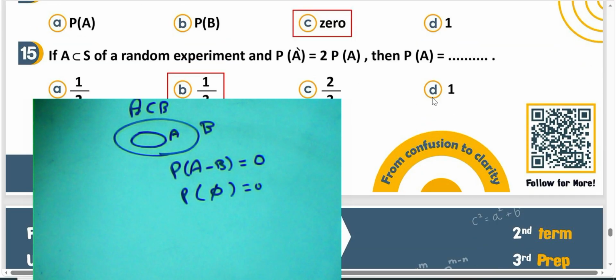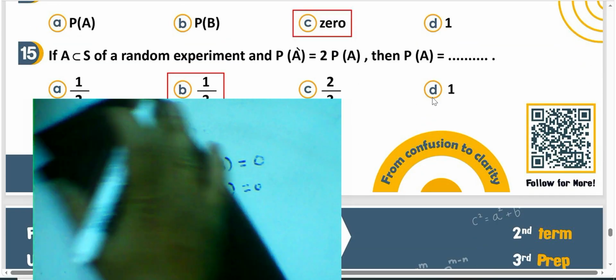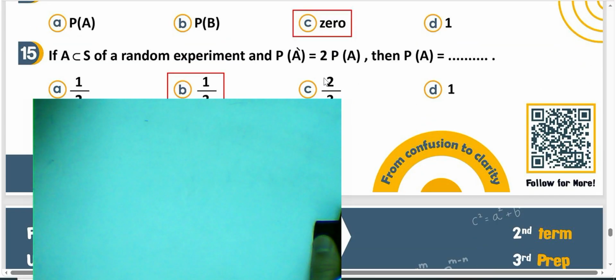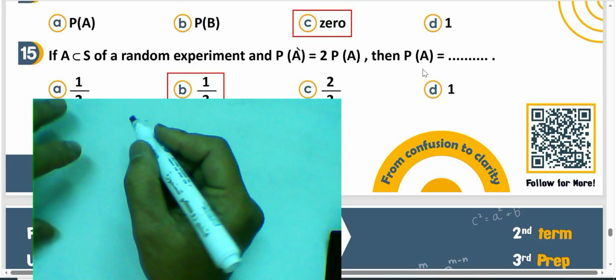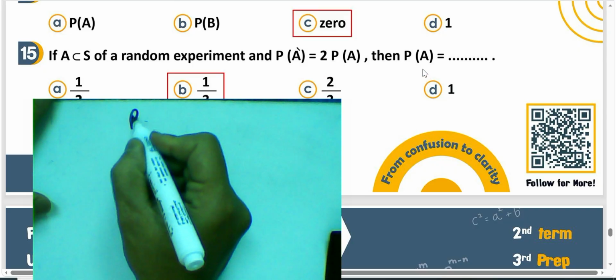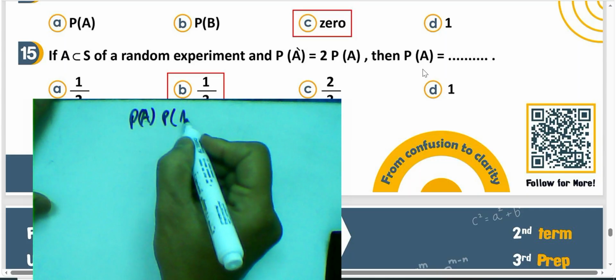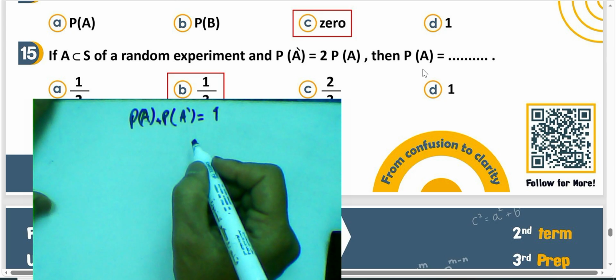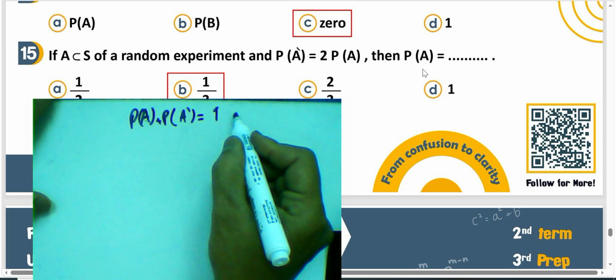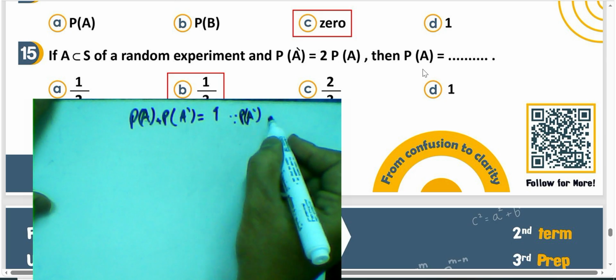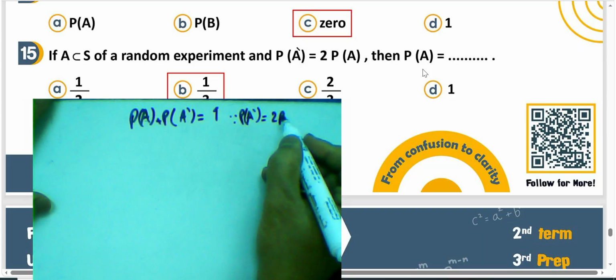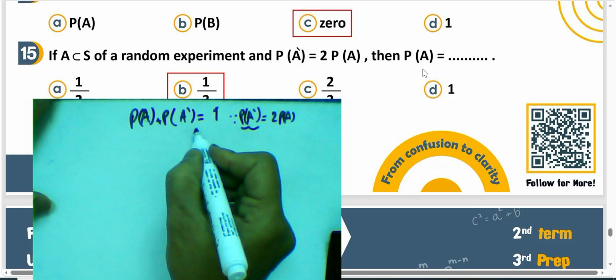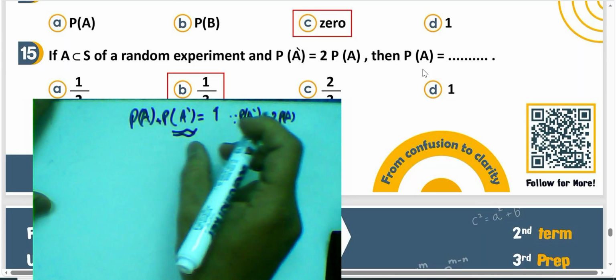Okay, next question: if A is an event from the sample space of a random experiment, and the probability of A complement is twice the probability of A, find the probability of A. We know the probability of A plus the probability of A complement, the summation together, equals 1. He gave you the information that the probability of A complement is twice the probability of A. You can put the value of the probability of A complement here as twice the probability of A, right?